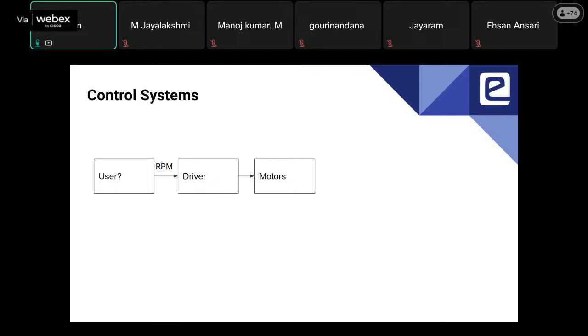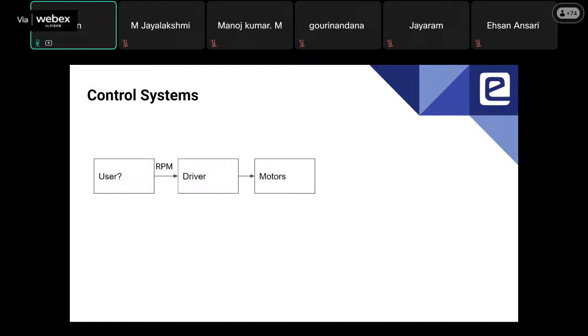So do you think the user can directly give the velocity at which the motor should rotate to the driver? Can you do that? Yes or no? What do you think? Can the user give RPMs directly?